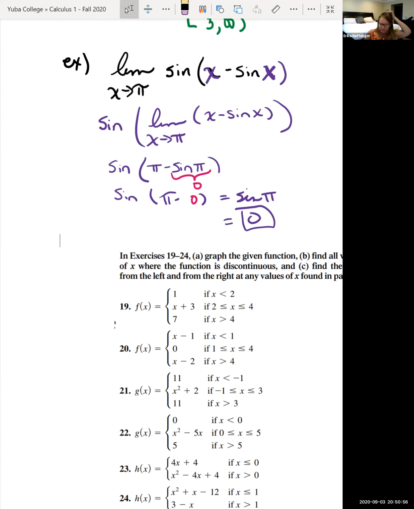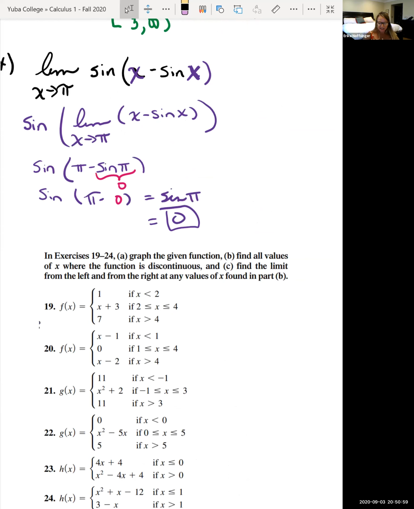As I was explaining before, sine is continuous everywhere, and we were talking about that rule of continuity with a composition of functions. If I look at the function that I was plugging in wherever I saw an x in sine of x, which would be x minus sine of x, both of those pieces are continuous. x is continuous and negative sine of x is continuous.